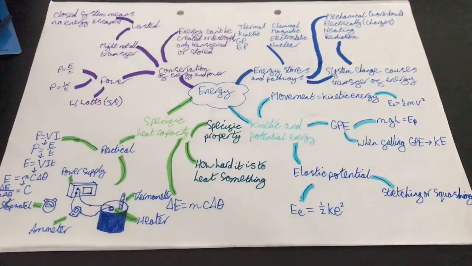There's also the electrical pathway. So you run a current through something. That would be something like going from a chemical store to one of the other stores. You can also heat something, so that would be more likely a chemical to a thermal store. And you can also, well, we can't, but an atom or an object could radiate something.